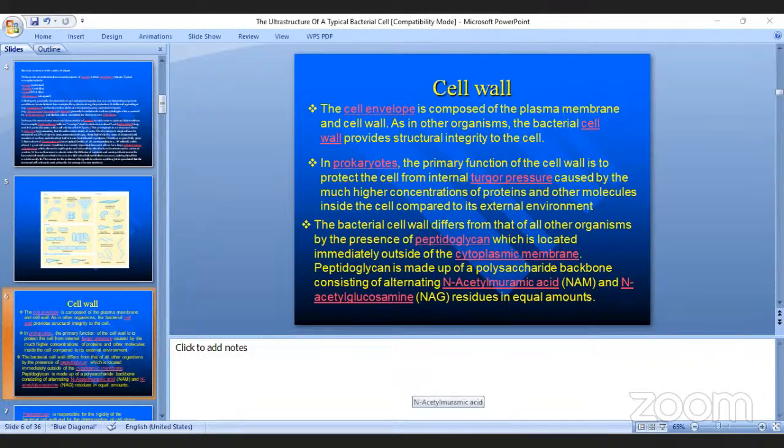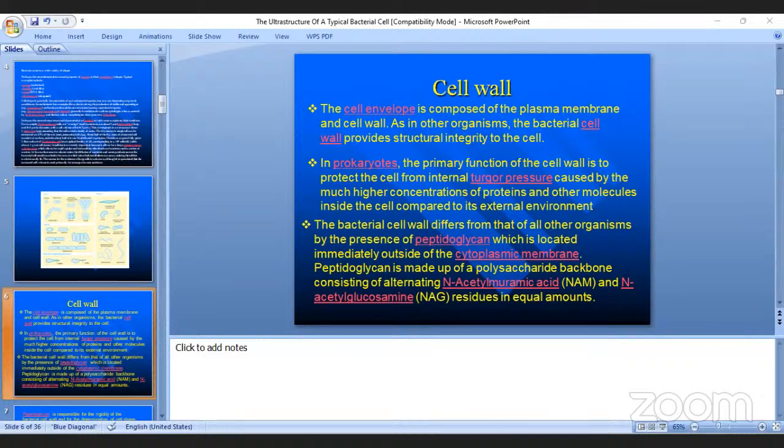Both together form peptidoglycan. Apart from N-acetyl muramic acid, in some species N-acetylglucosamine, NAG, residues are also present in equal proportion.